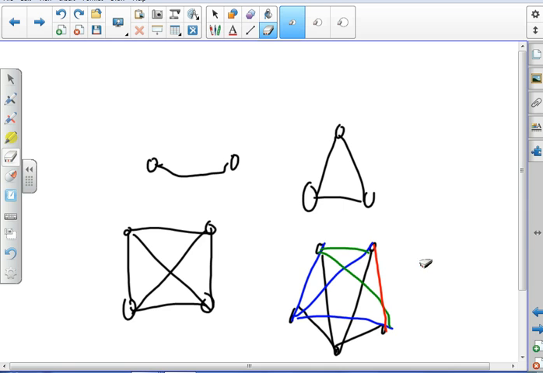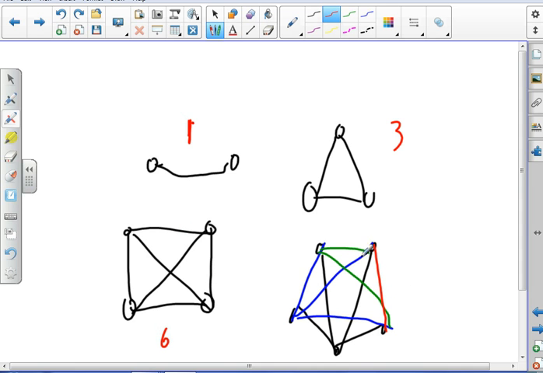All right, so we have 1 there. We have 3 here. 1, 2, 3, 4, 5, 6. We have 6 there, and then 1, 2, 3, 4, 5, 6, 7, 8, 9, 10. 10 there.